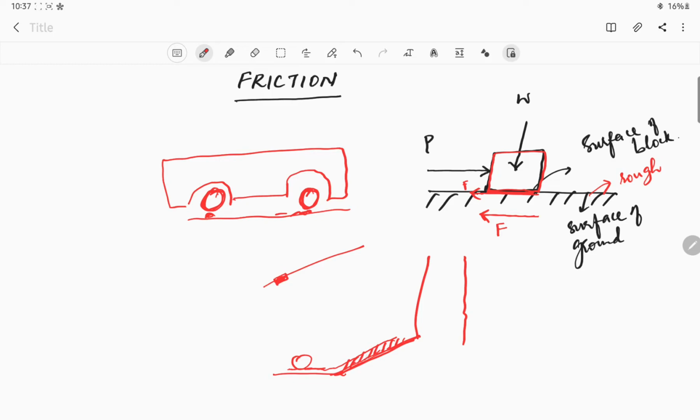If there is no friction, my tire will rotate at the same location. So to create friction, we provide grooves on the surface of the ramp. This is why friction is very, very important.